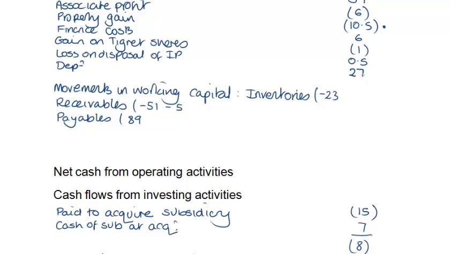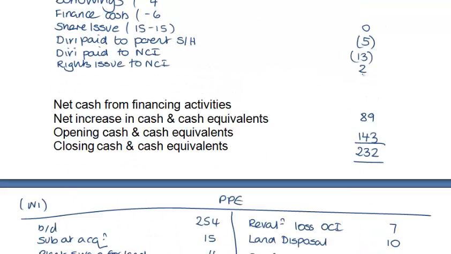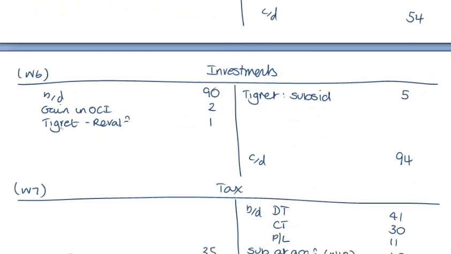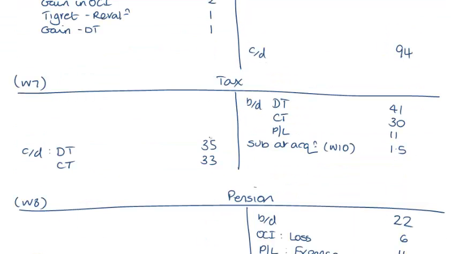Deferred tax of 1 million in the year arose in respect of the gains on investment. So what I'm going to do here, I'm going to go to my investment account, gain deferred tax, add that to investments, debit investments, credit tax, DT on investments, 1 million.